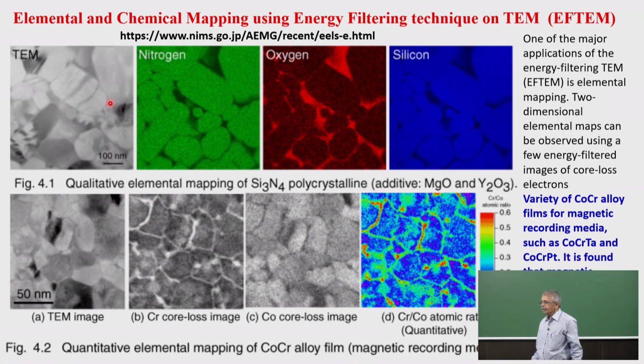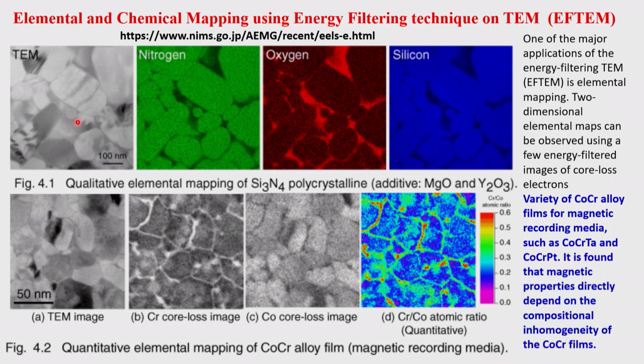In the top panel, this is for the Si3N4 polycrystalline material, and this is a 100 nanometer scale. You can see the crystallites, of reasonable size, about 120 nanometers, and then maybe 50, 60 nanometers in this direction. This has some impurity or additive as magnesium oxide and yttrium oxide as well.